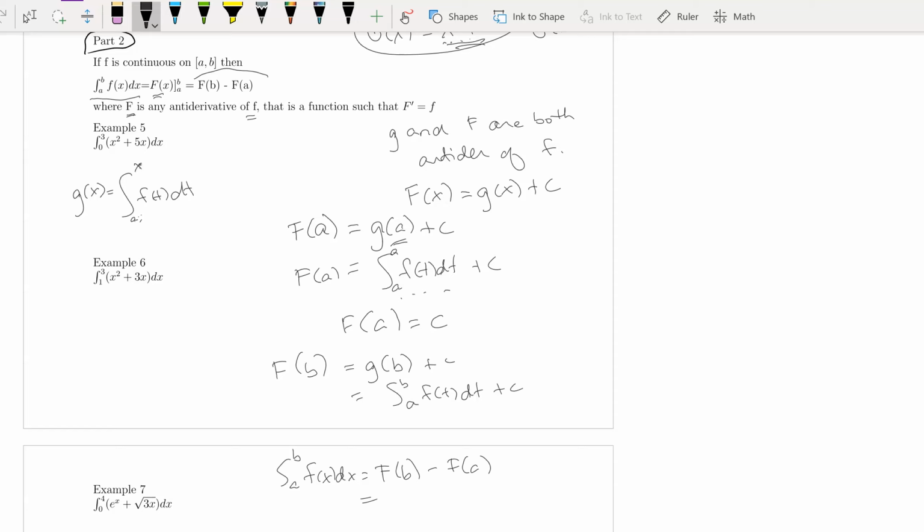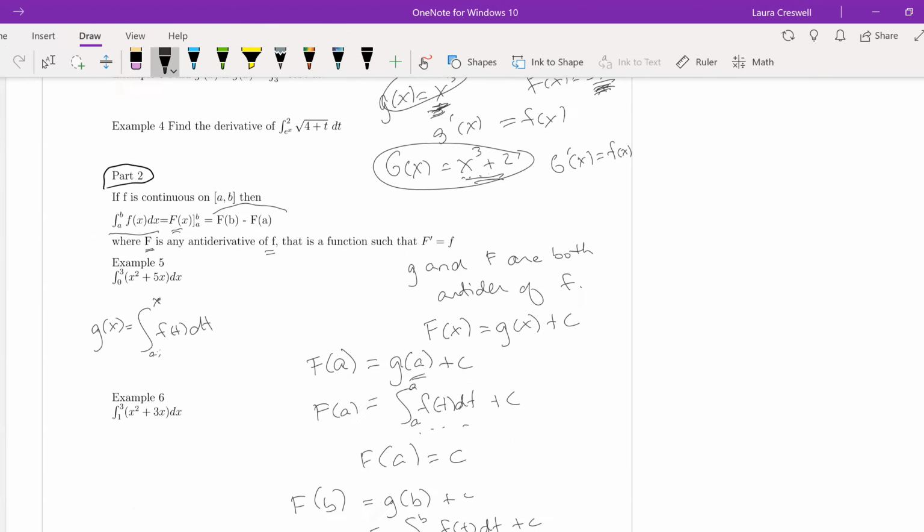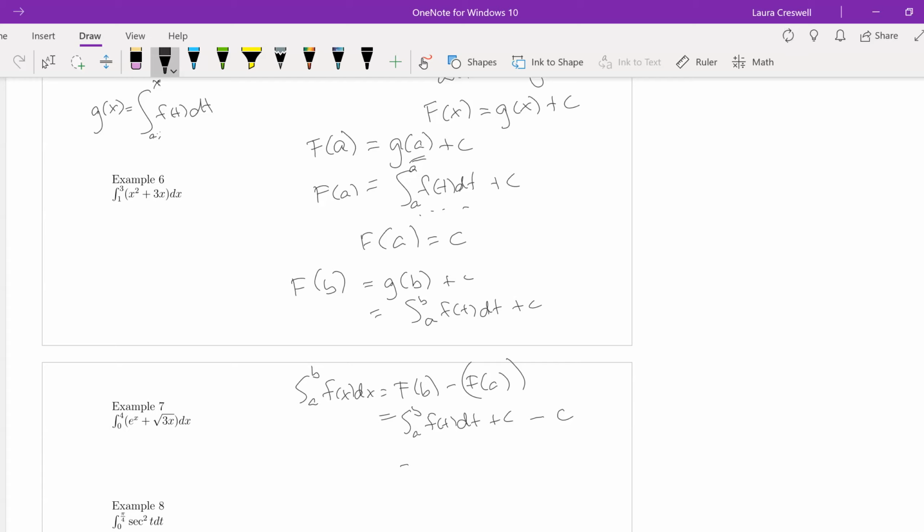So what's F of b equal to? F of b is the integral from a to b of f of t dt plus c, subtract, and what's F of a equaling? C. Oh, so the c's cancel, so what I'm left with is the integral of f of t dt.